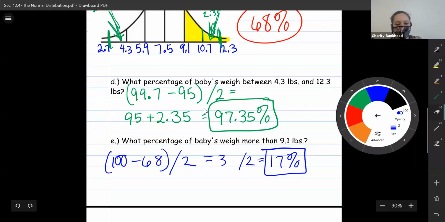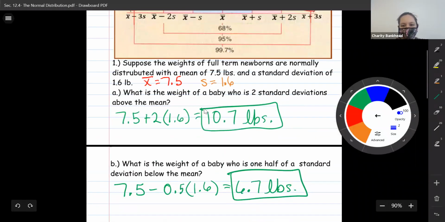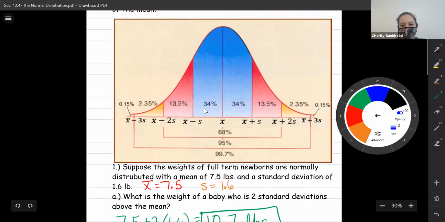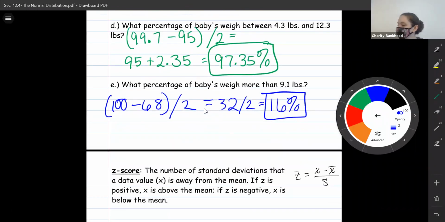It sounds almost right, but something seemed off. 32 divided by 2 is going to be 16%. So yeah, that's right.